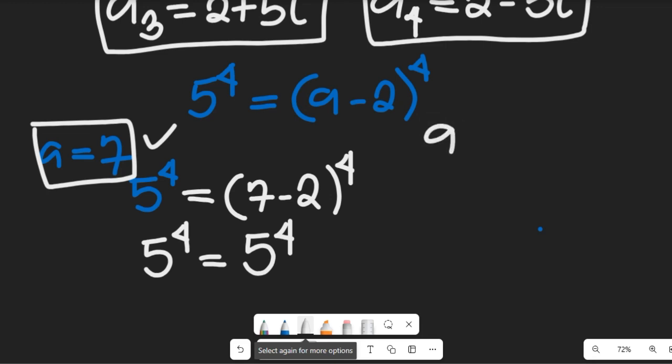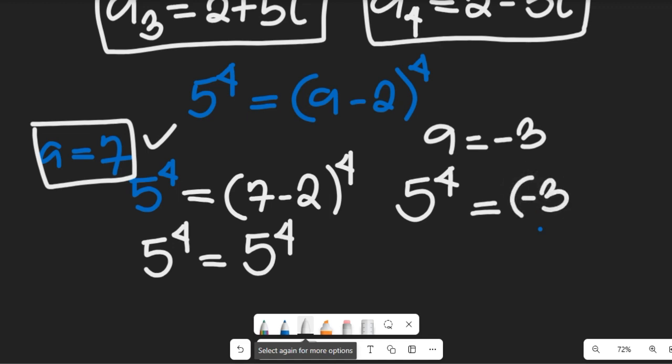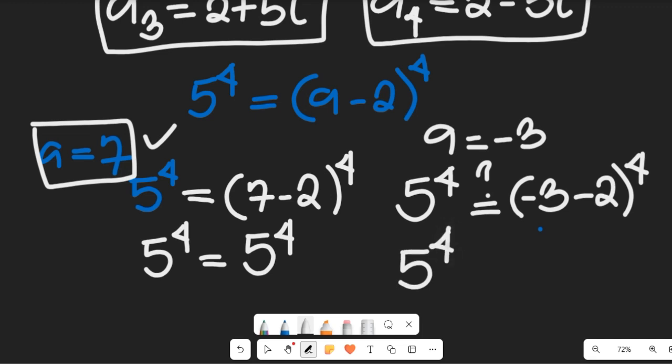What if our a is equal to negative 3? Now let's try that. We'll have 5 to the power of 4 equal to negative 3 minus 2. Will it be equal to this? Let's find out. 5 to the power of 4 is equal to negative 5 to the power of 4.